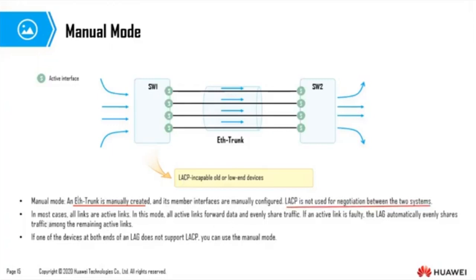In most cases, and this is one of the main differences between LACP and manual mode, all links in the manual mode are in active state. So all links are forwarding data. Are you seeing that here? All links are forwarding data, all of them.